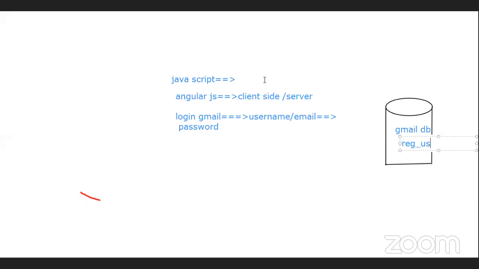For example, if a user wants to log into this account, it will check whether this email ID is already registered in the Gmail server or not, and whether the password is already stored or not. This is the first scenario. And the second thing, whether the entered email address is correct and the value already exists.